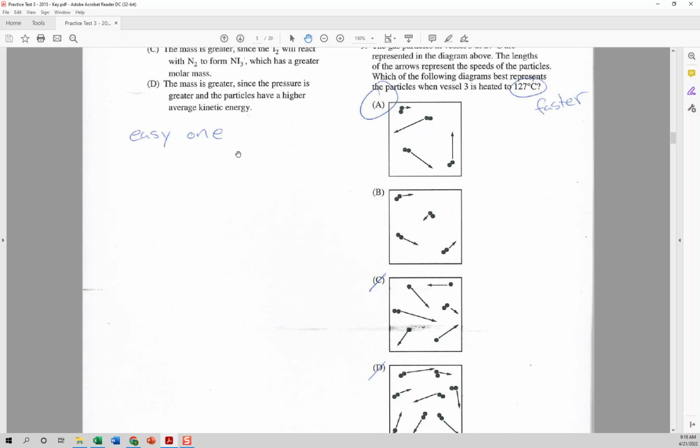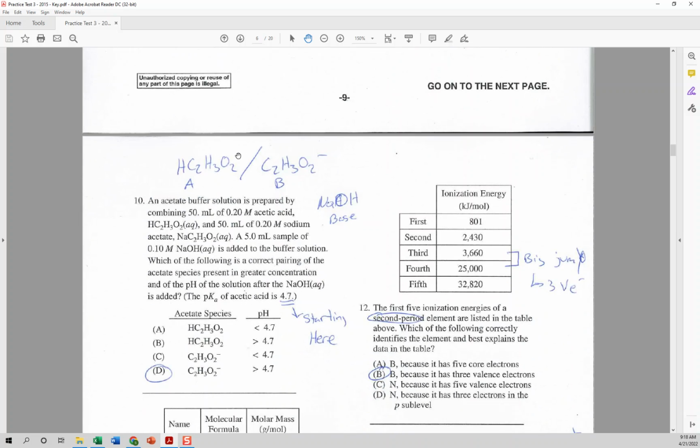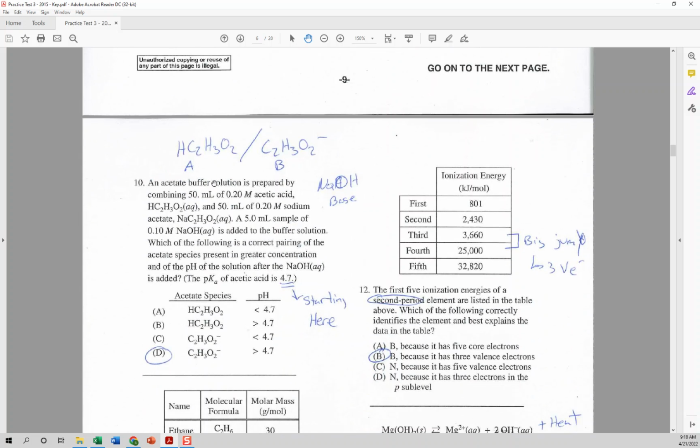All right. So let's keep on rolling. All right, so an acetate buffer. So let's just understand, this is our buffer system, acetate and acetic acid. We are adding NaOH to it, so we're attacking it with strong base. Remember, what's gonna happen is the base will react with the acetic acid, and we'll lose this and we'll gain more acetate.